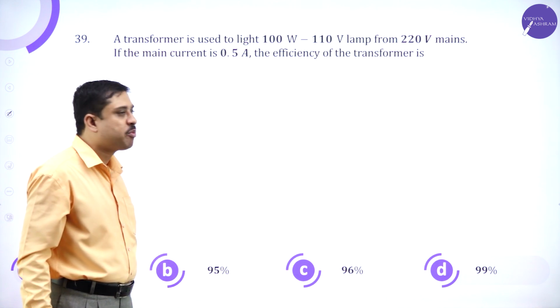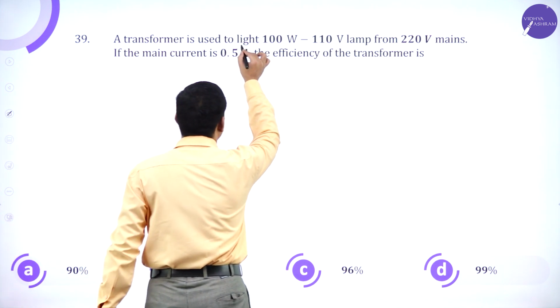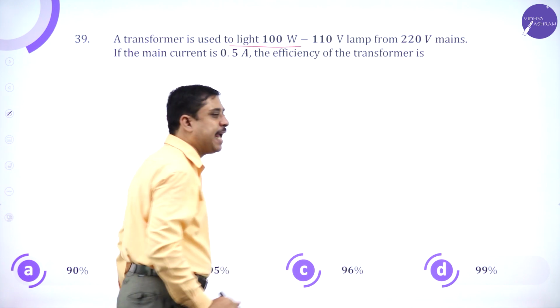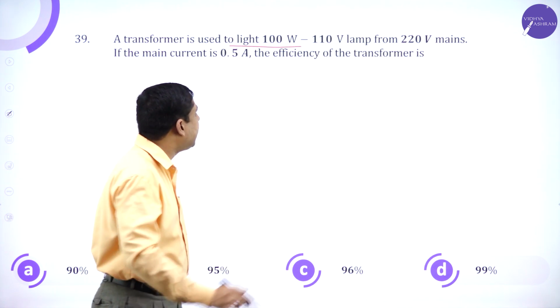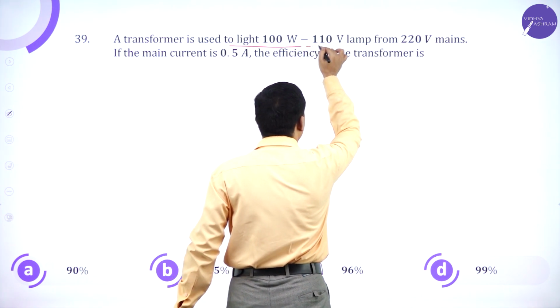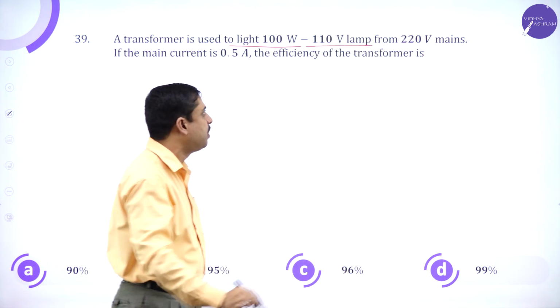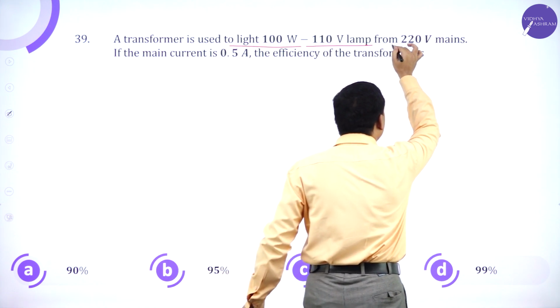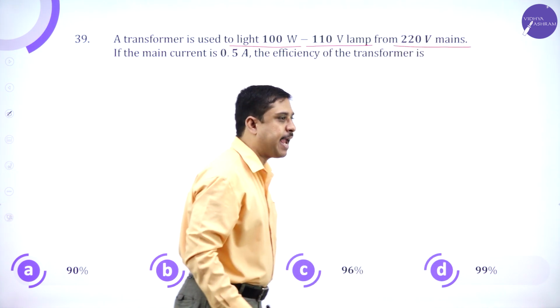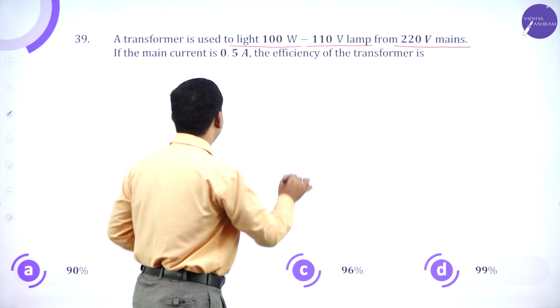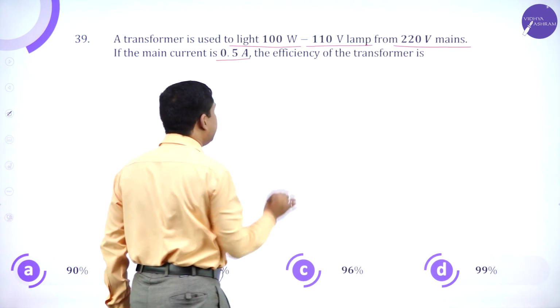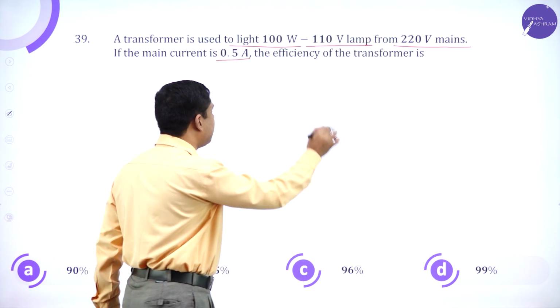A transformer is used to light a 100 watt 110 volt lamp from 220 volt mains if the main current is 0.5 ampere.